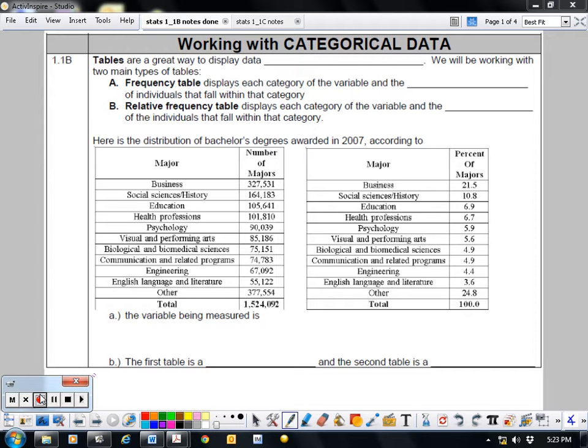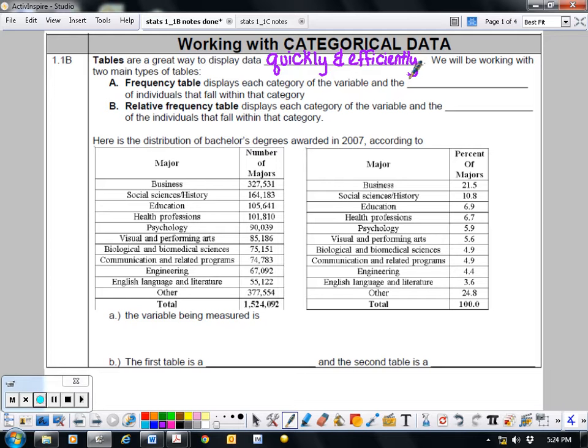We're going to go ahead and work on section 1.1b, which is really breaking down how to work with categorical data. When working with categorical data, a really good way to display or organize your information is with a table, so that you can quickly and efficiently organize that data.